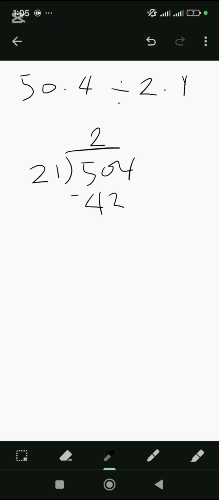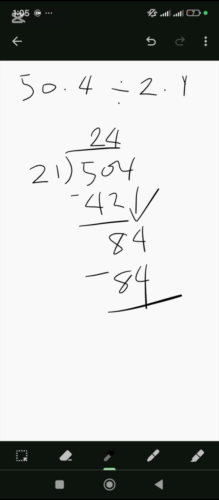You subtract that, it will give you 8. You can bring down your 4, so you have 84. And then you can ask how many 21 are in 84, and that will be 4. When you multiply 21 by 4, it gives you 84. You subtract this, this will give you 0. And this becomes your answer.